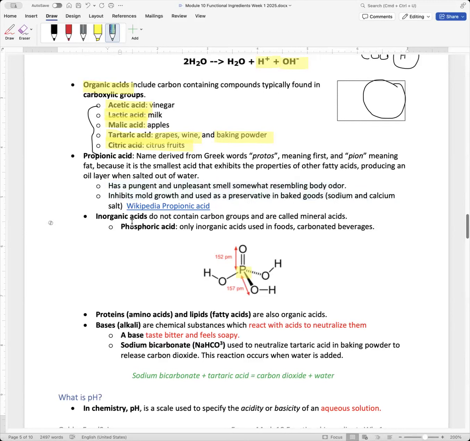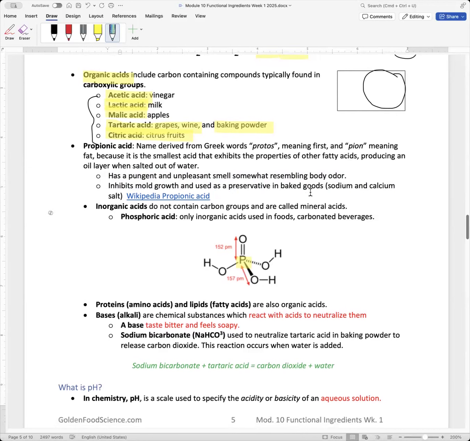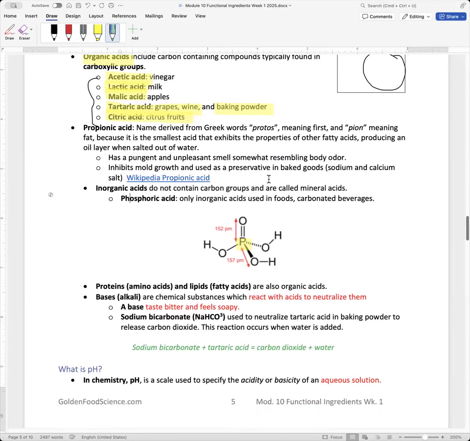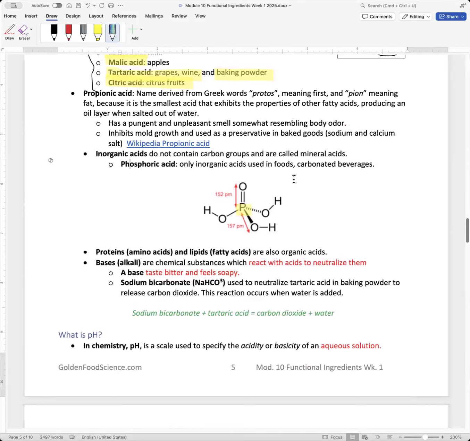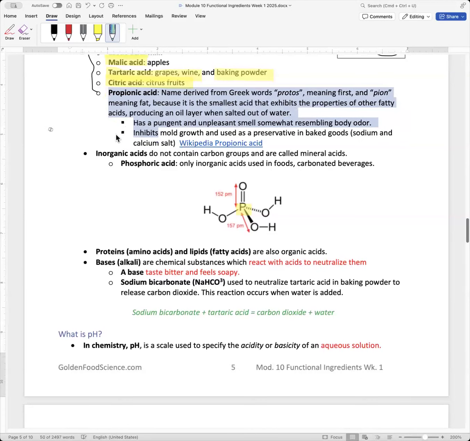Propionic acid. Oh, it has properties of other fatty acids. It's a fatty acid. Pungent, unpleasant smell. I think we'll stay away from that one. So maybe I should move this all back.